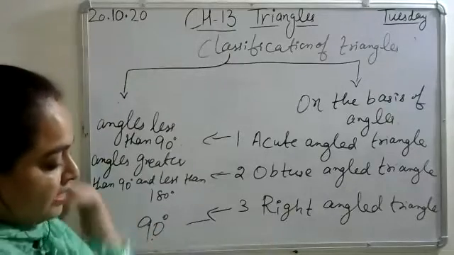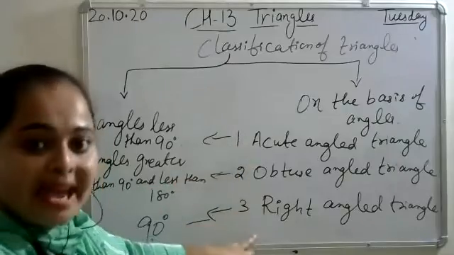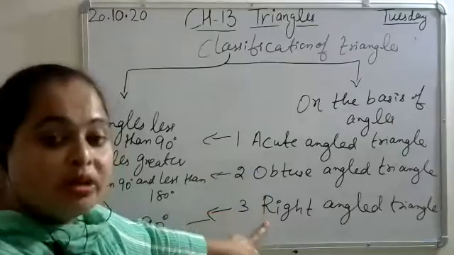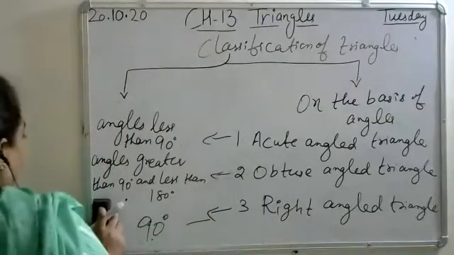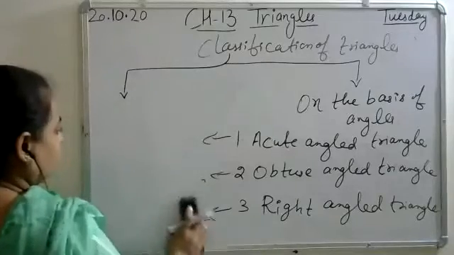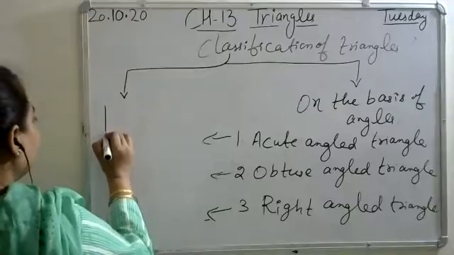Yes, very good. In chapter 12, you have already done the concept of angles. What is the meaning of acute? What is the meaning of obtuse? And what is the meaning of right angle? Okay. So, I am going to draw 3 triangles here.